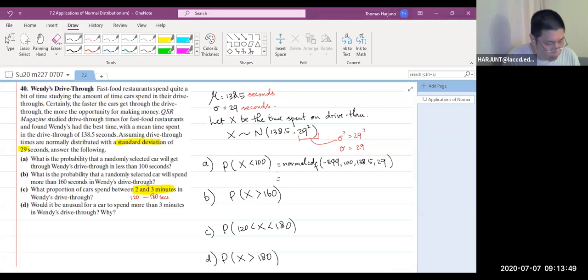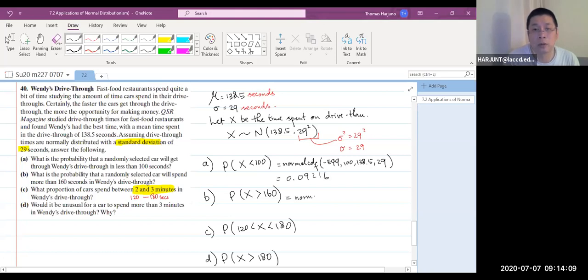Negative infinity, comma 100, comma 138.5, comma 29. I get 0.09216.